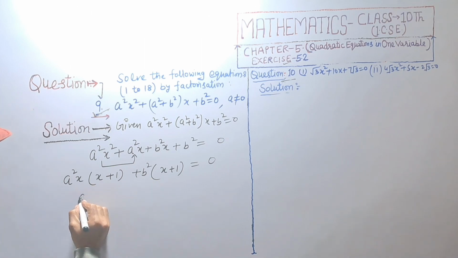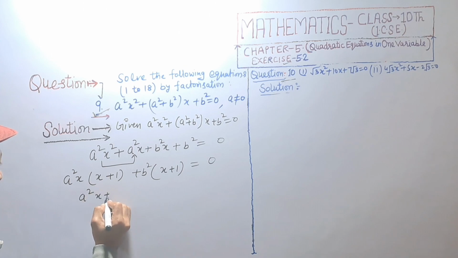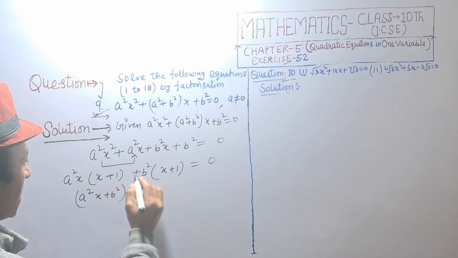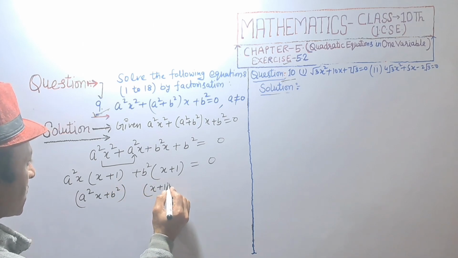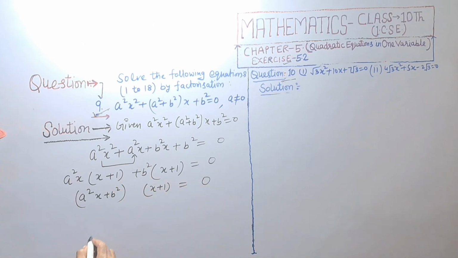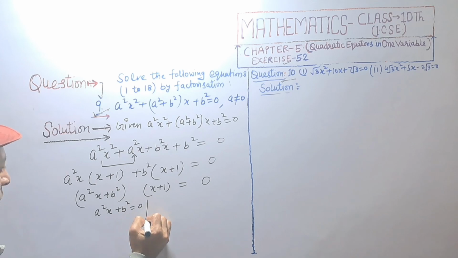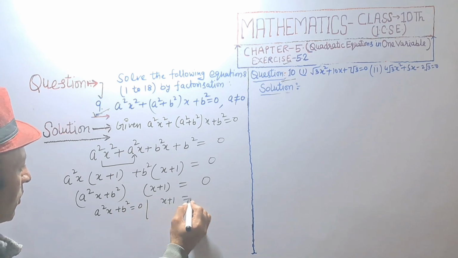One factor is a²x + b² and another is x + 1 equal to 0. So a²x + b² = 0 and x + 1 = 0.